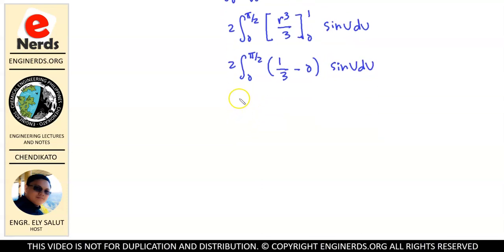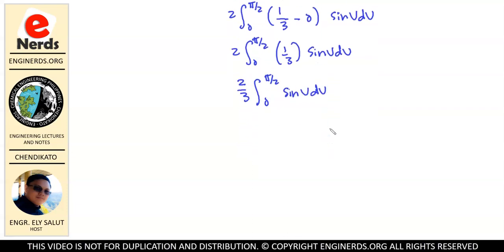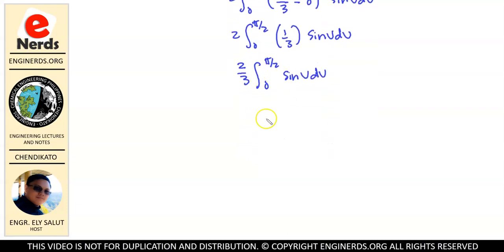So now I have 2, 0 to pi over 2, times 1/3 sine u du. So ilalabas ko na yung ating constant. So I will have 2/3, 0 to pi over 2, sine u du. Okay? So we can now solve for another integral.